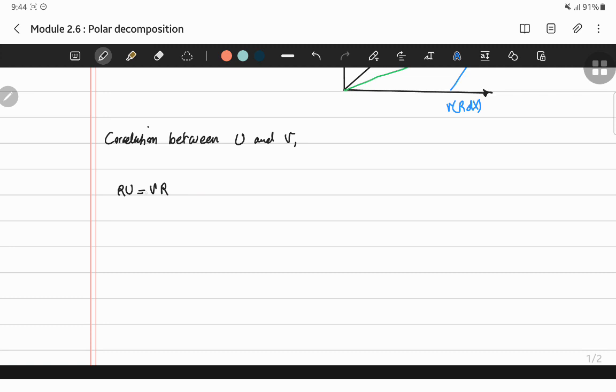So if I multiply both sides by R transpose, I have R transpose RU is equal to R transpose VR. Since this is an orthogonal tensor, it becomes I. Therefore, I have U equal to R transpose VR.